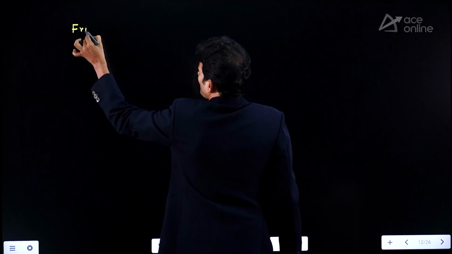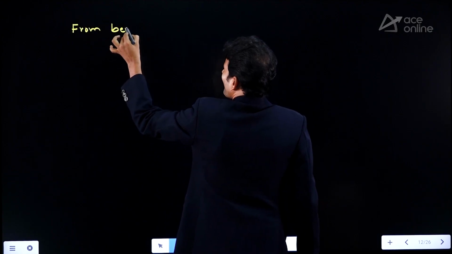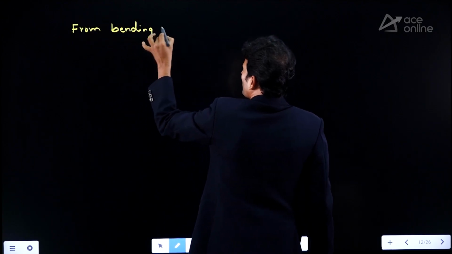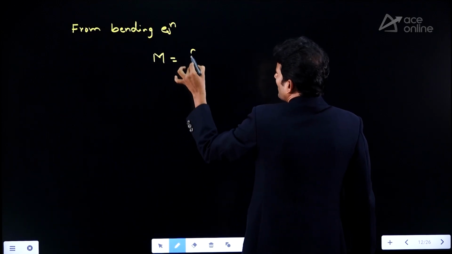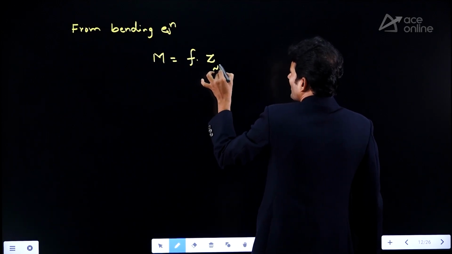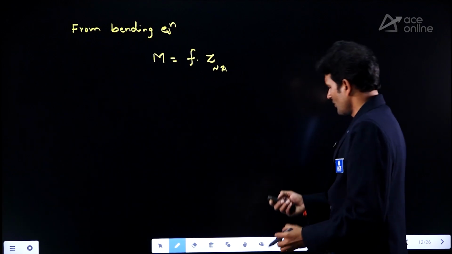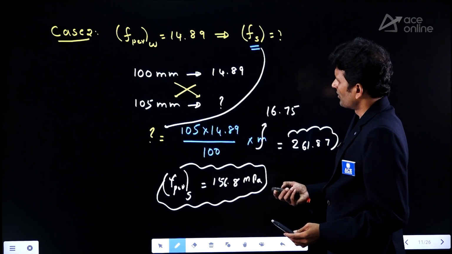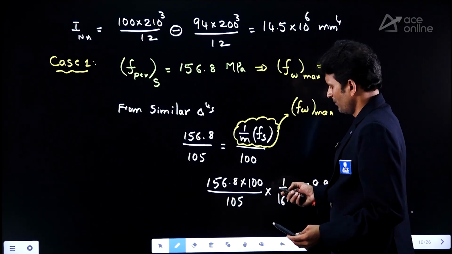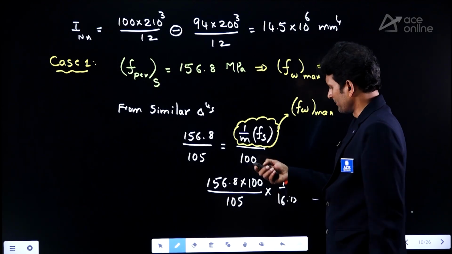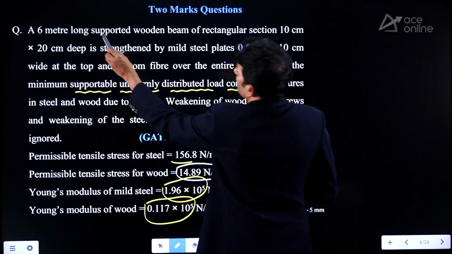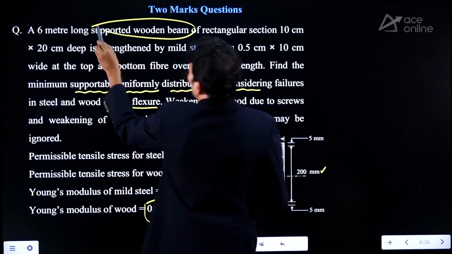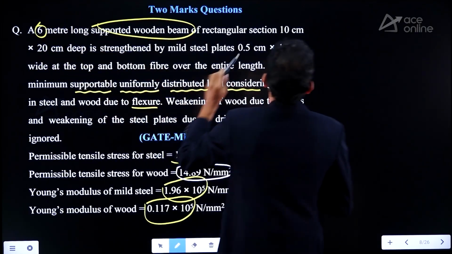From the bending equation, as we know, bending moment M equals F into ZNA. So, maximum bending stress for a simply supported beam, let us take a simply supported wooden beam of length 6.